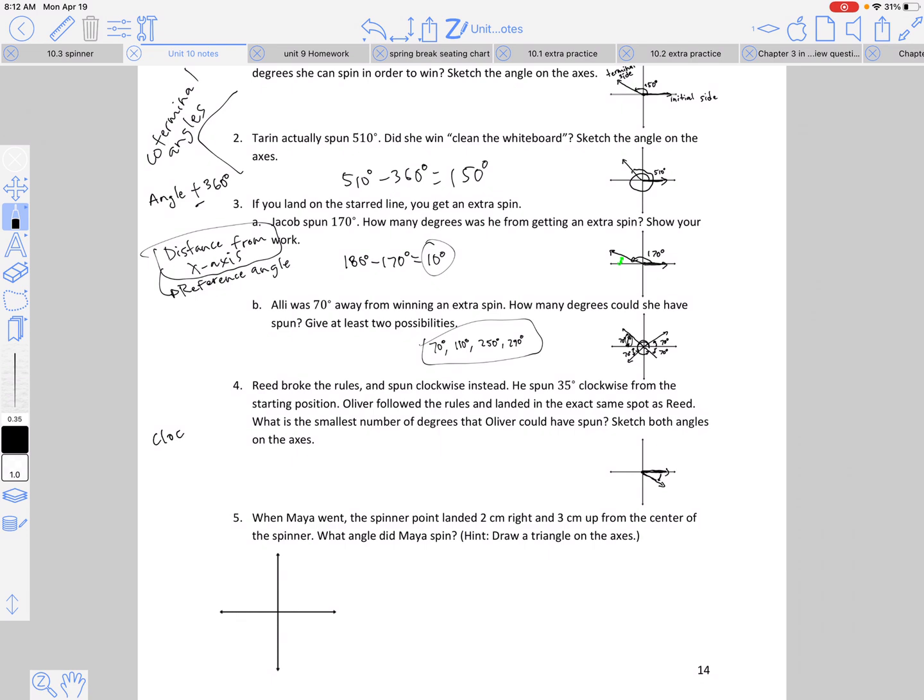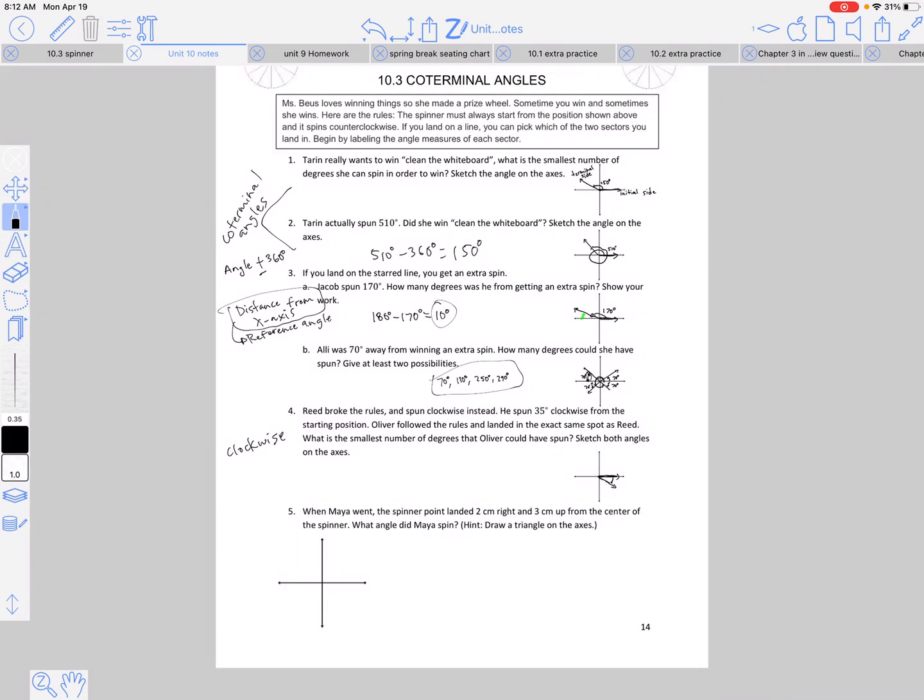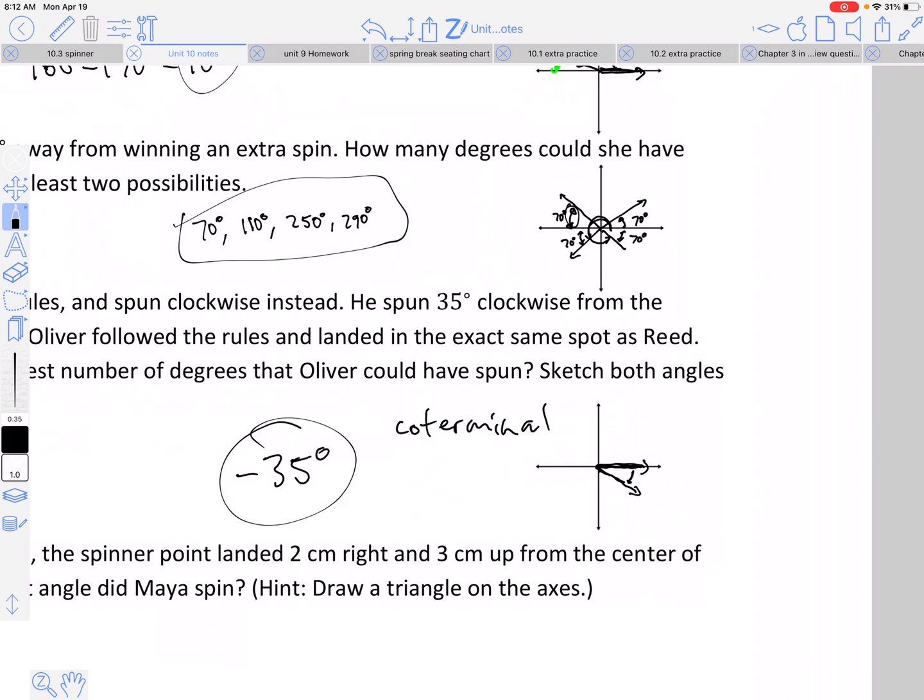So if you decide to break the rules, but you do follow the rules to start on the initial side, but you spin clockwise, this will be a negative degree. So he spun negative 35 degrees. Now the coterminal to that, so that's the movement he did, right?